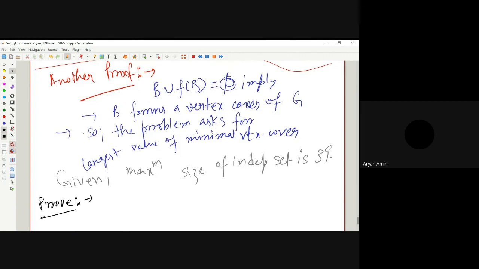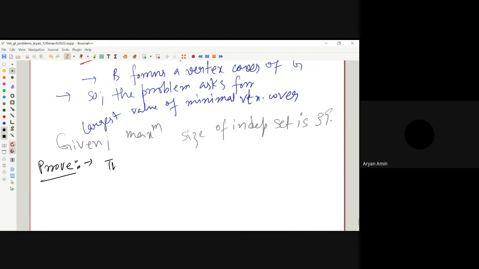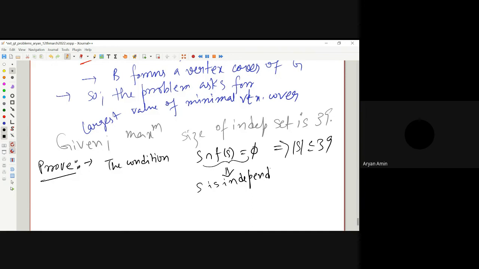Also, you are given the condition S intersection Fs equals phi implies mod S is at most 39. So S is an independent set, because it doesn't have any edges from U to V where U and V are both in S. So the max size of an independent set is 39.